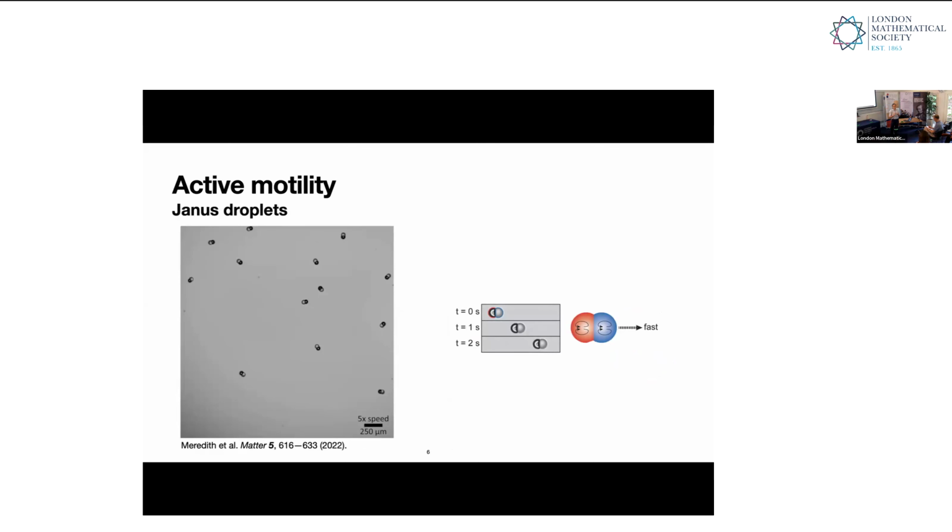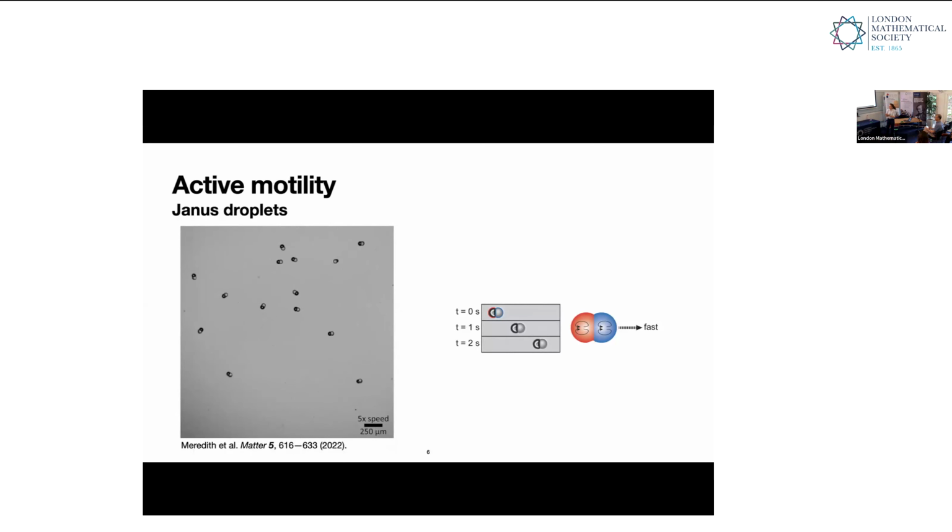This coating reacts chemically with the environment so that it forms a bubble, and this gas that is formed as a result of the chemical reaction is propelling the particle in the environment. This one is not activated through light, but it's just a chemical reaction that is happening as long as there's a chemical reactant left. So what you can see is that these particles follow this persistent motion.